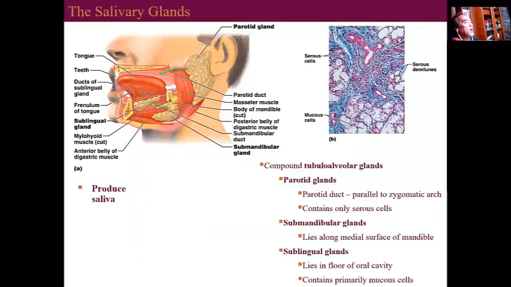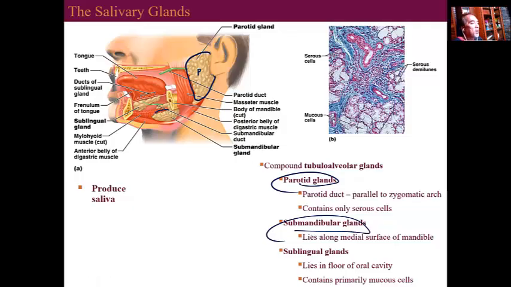All right. So now let's take a look at what's inside the mouth. We have the salivary glands, and remember there's three of them. The parotid gland is located just in front of the ear. Then we have the submandibular gland, that's underneath the mandible. And then there's another one called the sublingual glands, that's underneath the tongue.